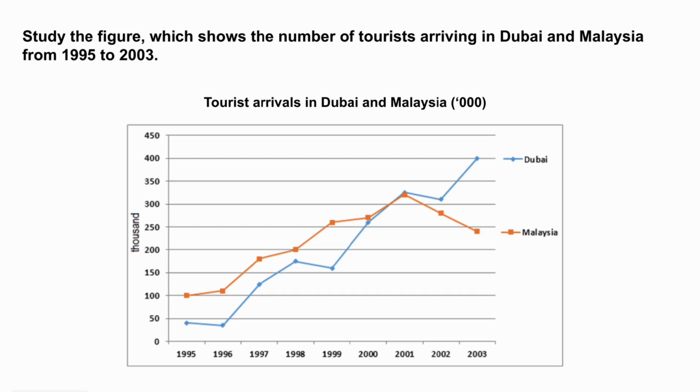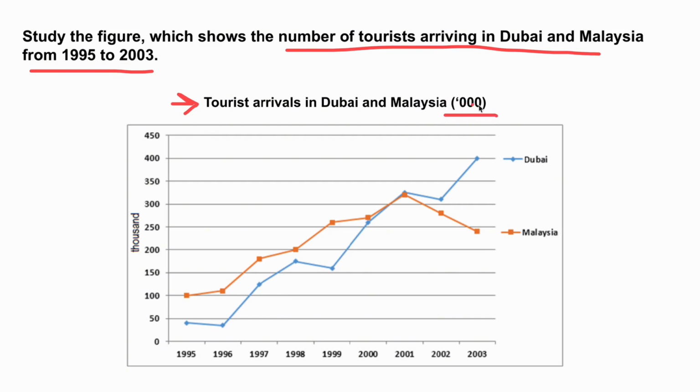So let's go back to what we mentioned previously, looking at the question context. The question says, the figure is about number of tourists arriving in Dubai and Malaysia from 1995 to 2003. The context is given, again it's repeated in the title here, and this time the title also includes the units for you.